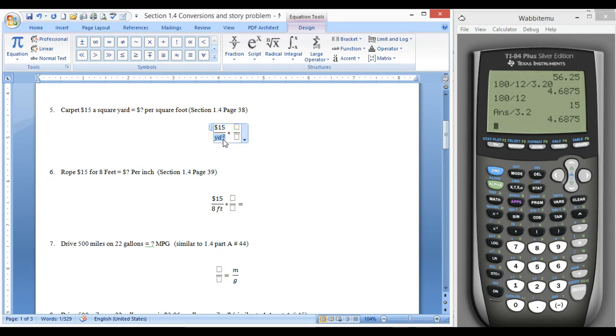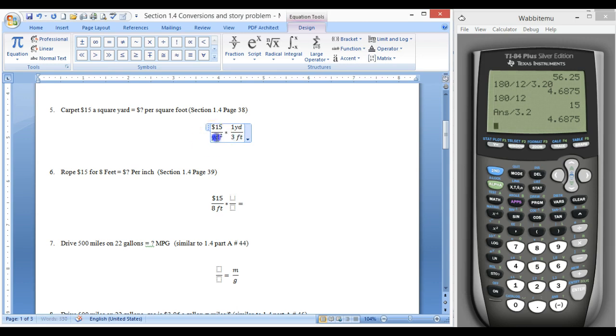Now a square yard means that I have a yard times a yard. So this is really yard times yard. Now I'm working towards cost per square foot, so I need to get rid of those yards, and to get rid of the yard on the bottom, I need to put a yard on the top. And I know 1 yard is 3 feet.